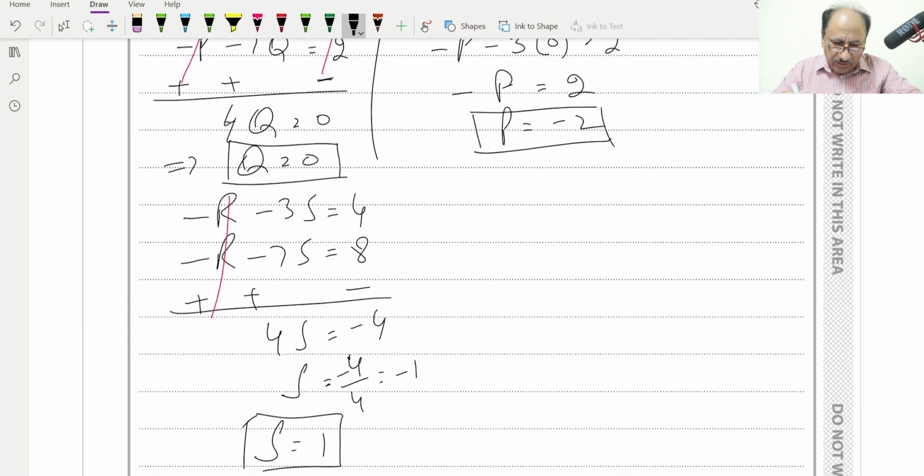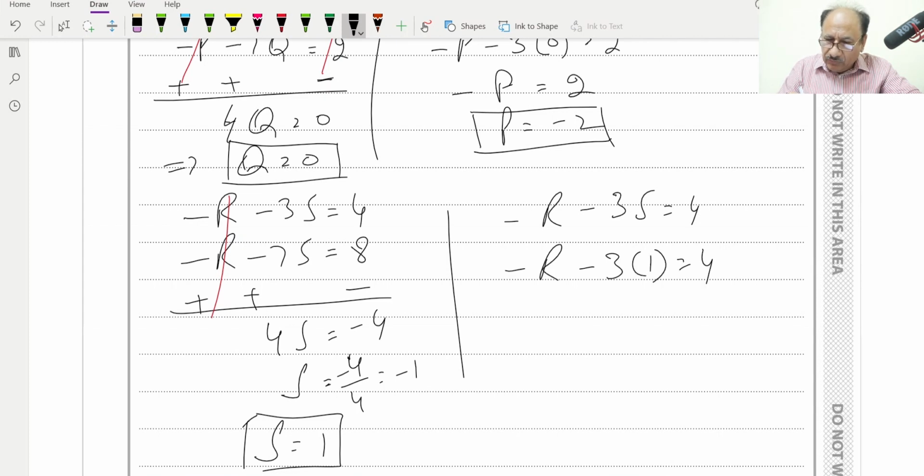Similarly, we can find r value also by replacing in this minus r minus 3s is equal to 4. So minus r minus 3 into 1 is equal to 4. So this will be minus r is equal to 4 plus 3, which is equal to 7. So r is equal to minus 7.